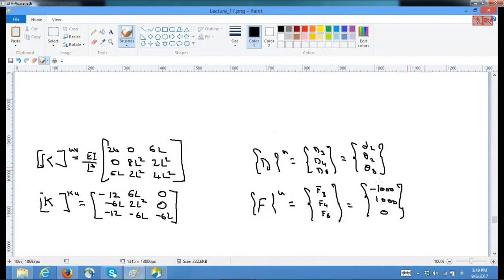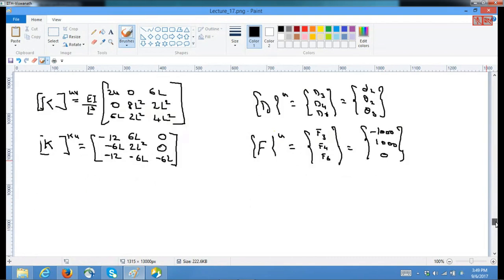Now we have FU, we have KUU, so our DU is equals to KUU inverse times our FU.